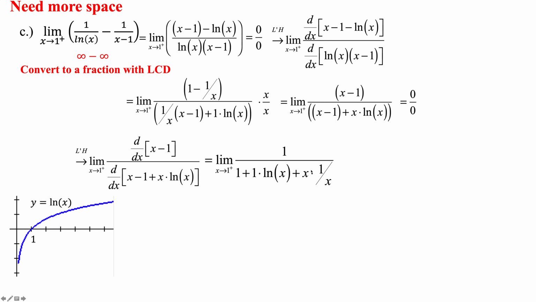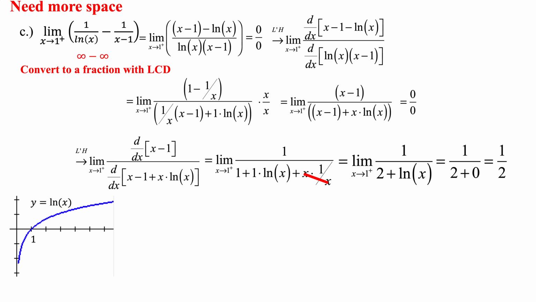So this 1 plus that 1 will give me a 2 plus the natural log of x. Now we said that, again, as x approaches 1 from the right, that would be approaching a 0. So this natural log of x for the limit becomes 0, and this now becomes 1/2, and there's my limit value.